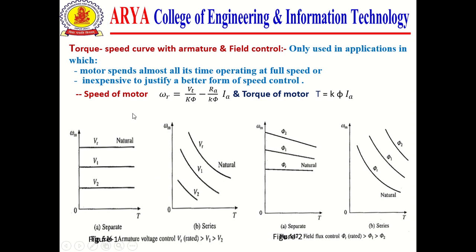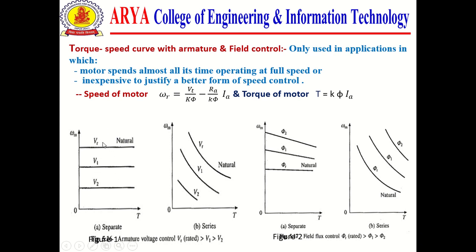So here we look at what happens if we change the armature voltage. What is the impact on speed and torque? These characteristics represent the separately excited DC motor. So you first learn the equivalent circuit of a separately excited DC motor.